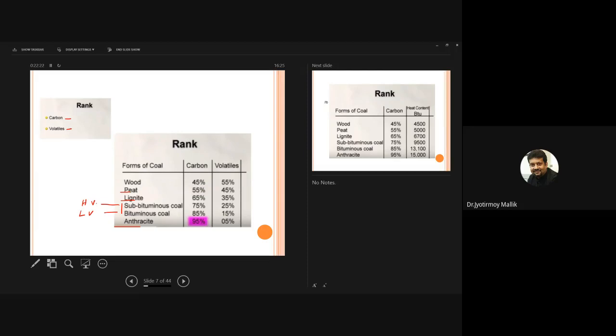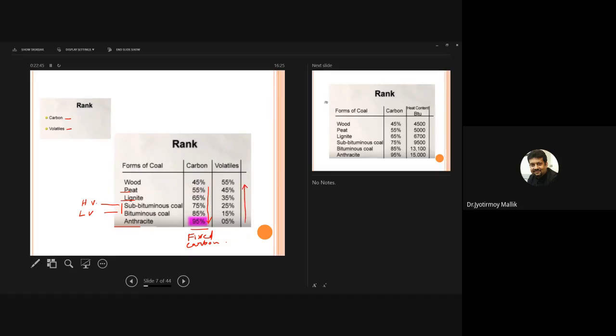So if you look at it with rank, essentially the percentage of carbon is increasing. This carbon is also called fixed carbon. Okay? And with maturity, the amount of volatile matter is actually decreasing. Right?